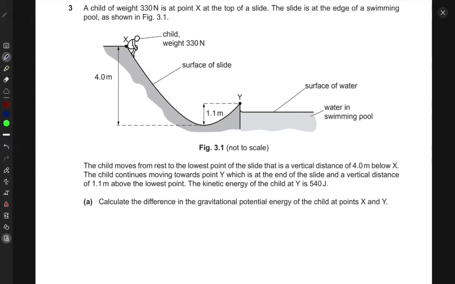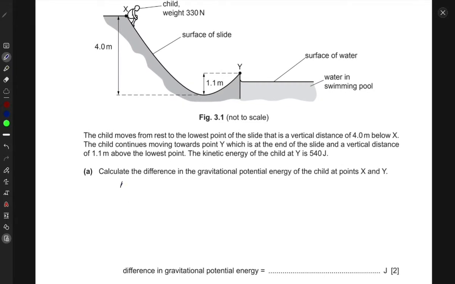So we want to figure out how much the gravitational potential energy has changed when he moves from point X to point Y, right? And so we know that the change in gravitational potential energy is given by mg delta h, where delta h is the change in height.